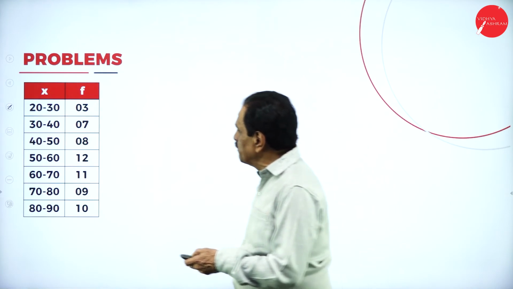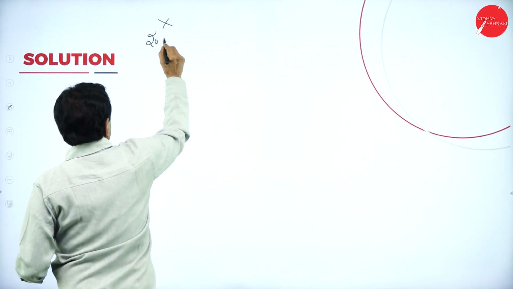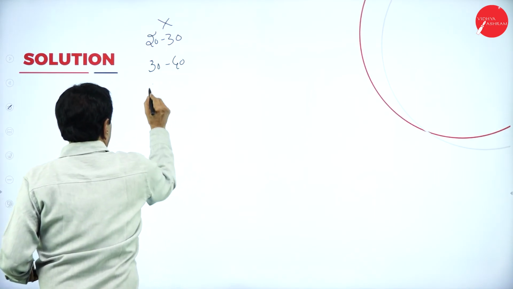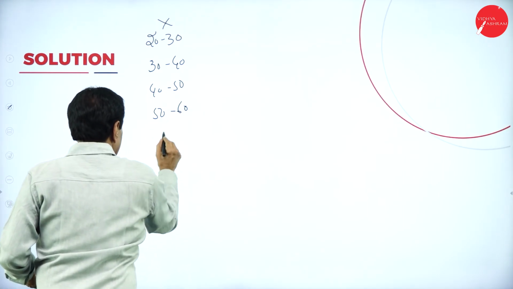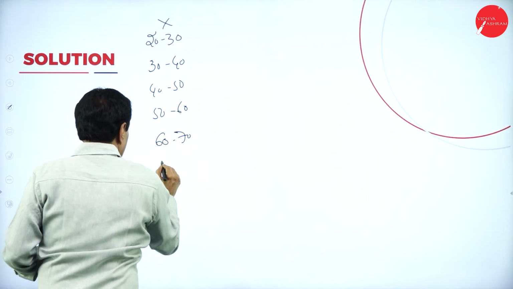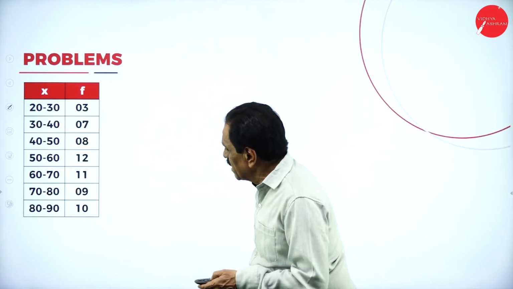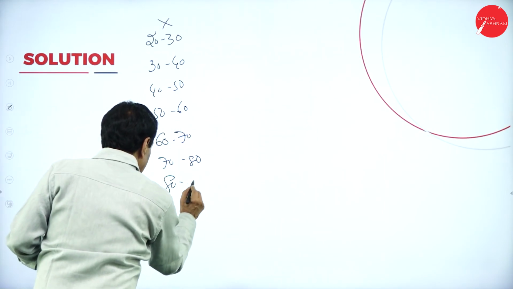The classes are 20 to 30, 30 to 40, 40 to 50, 50 to 60, 60 to 70, 70 to 80, and 80 to 90.